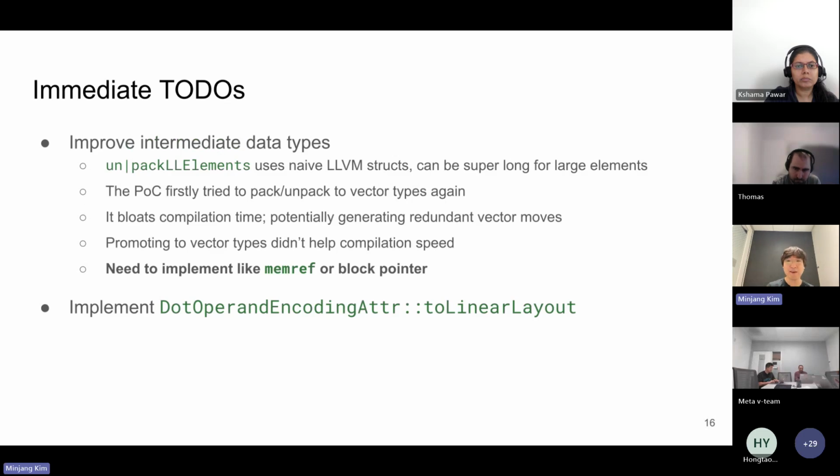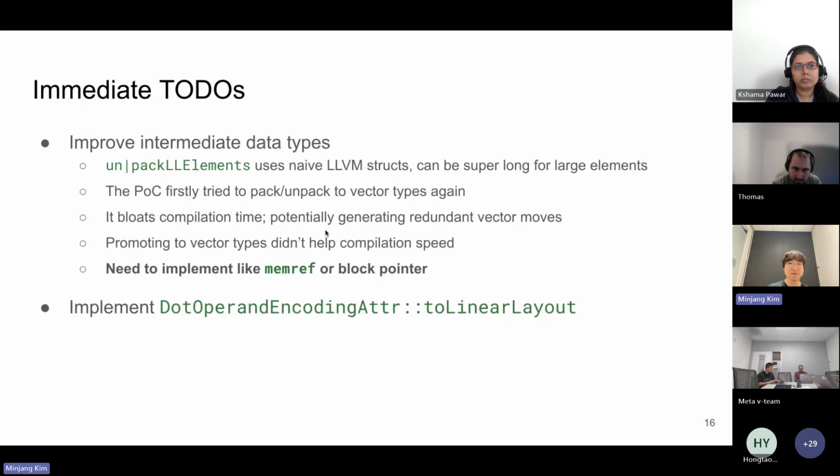So if you know the LLVM lowering in Triton, there is lots of unpacking and packing, right? For the intermediate data types for the Triton GPU, we use just the LLVM struct. But it was not good for this idea because we are handling many elements, like 10K, 1K elements. So putting everything in the LLVM struct was crazy, and it was taking a lot of time for the compilation.